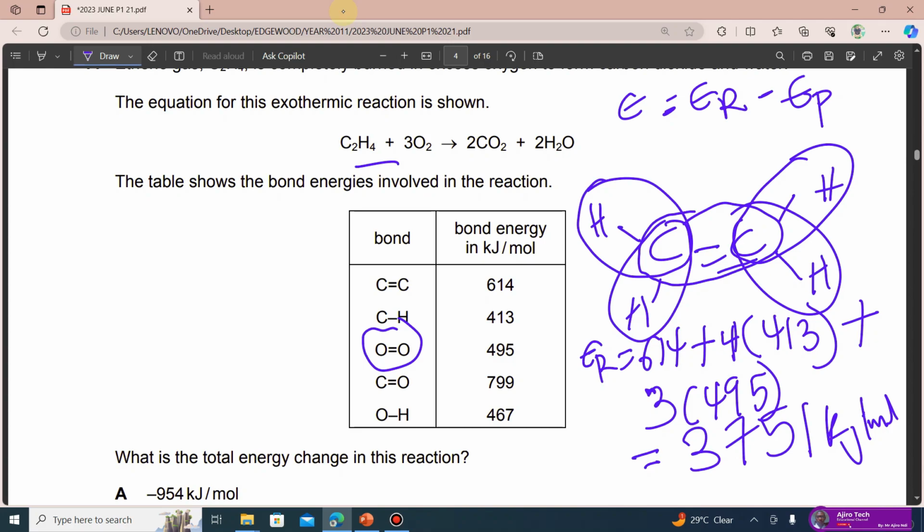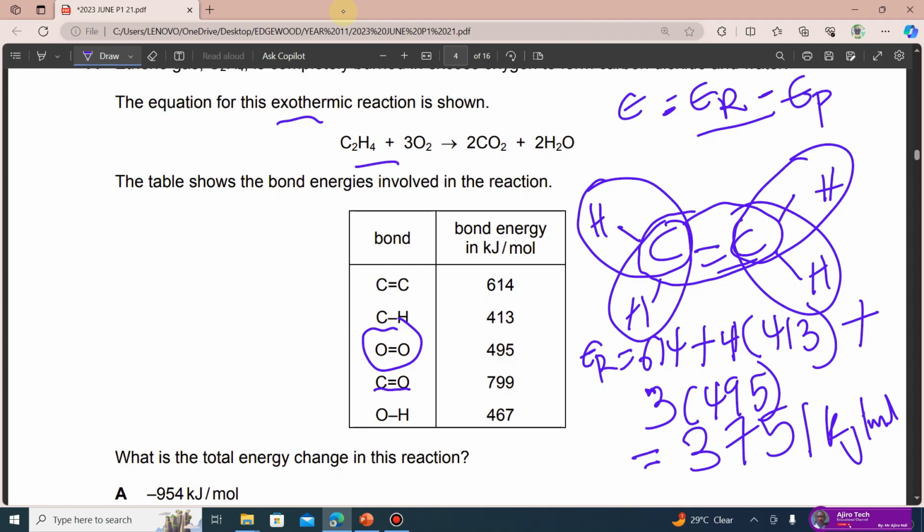So let's go to the products now and compute the energy of the products. Remember that when we do that, we'll come back to use this formula because it's an exothermic reaction. For the carbon dioxide, the C double bond O is 799. But how many C double bond O's do we have?